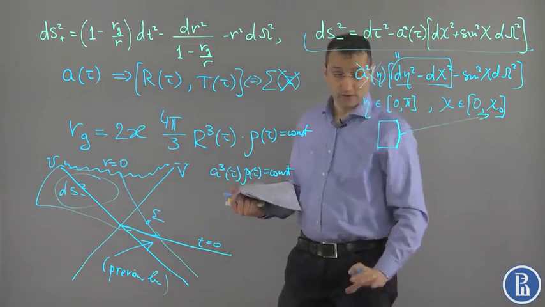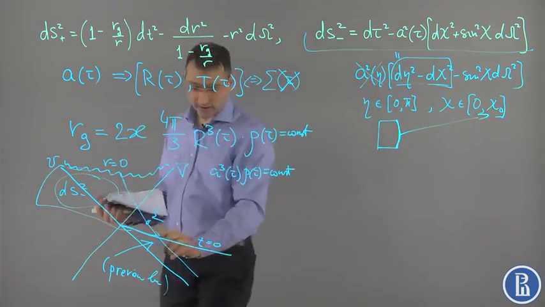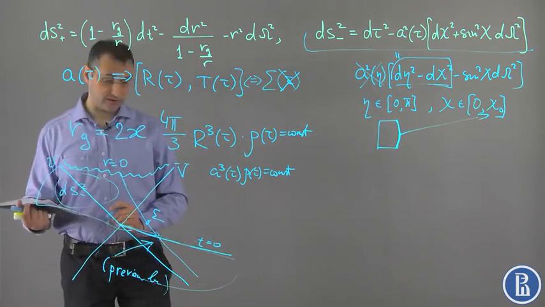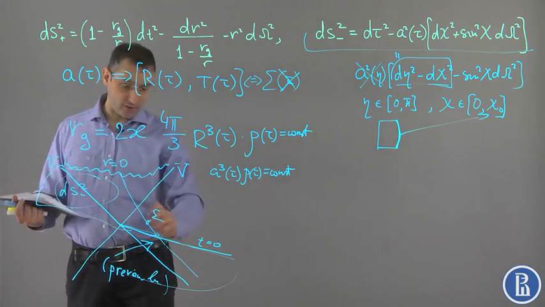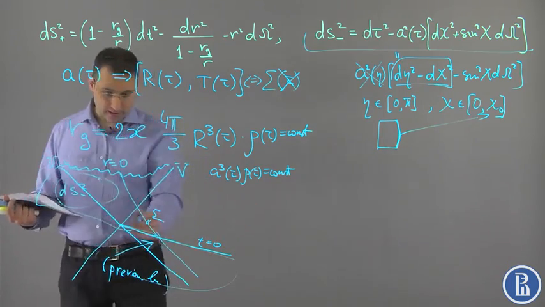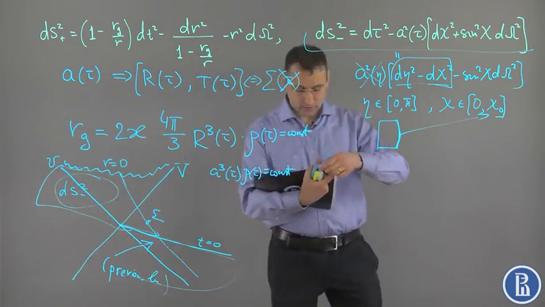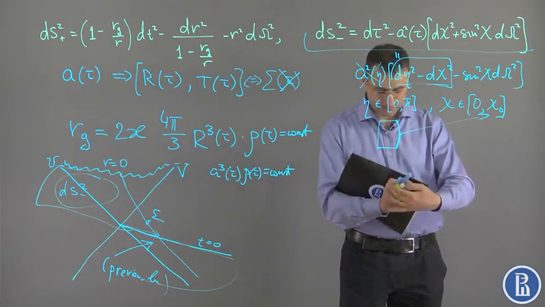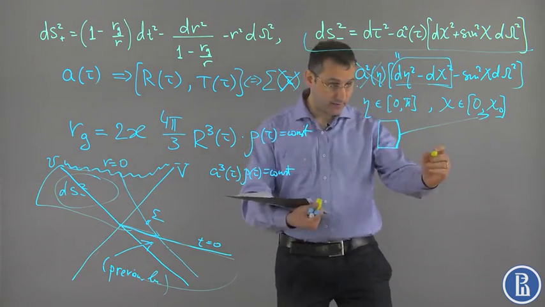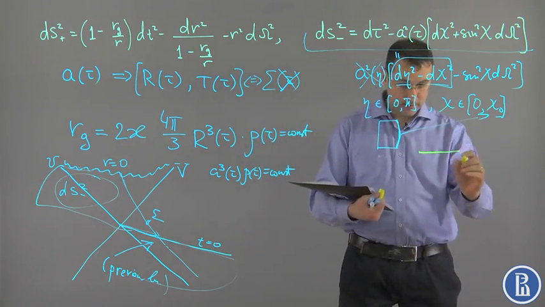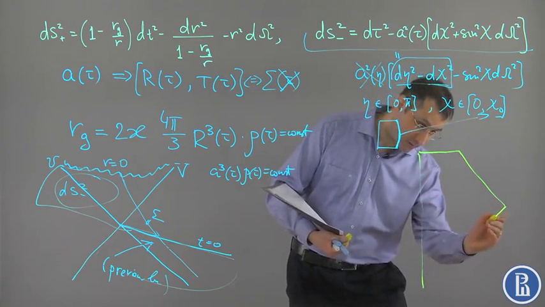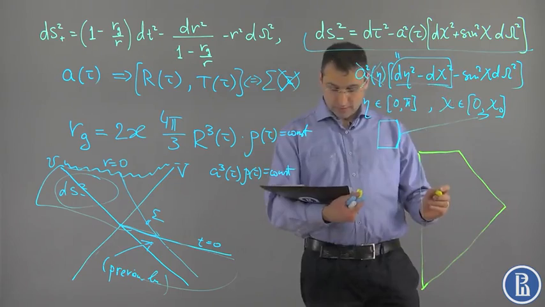In all, gluing this to what we have: before, here in this region, we have what we have encountered in the previous lecture for the star. Here we have what we have for the Schwarzschild black hole. And here we have this guy. In all, we obtain the following Penrose diagram.